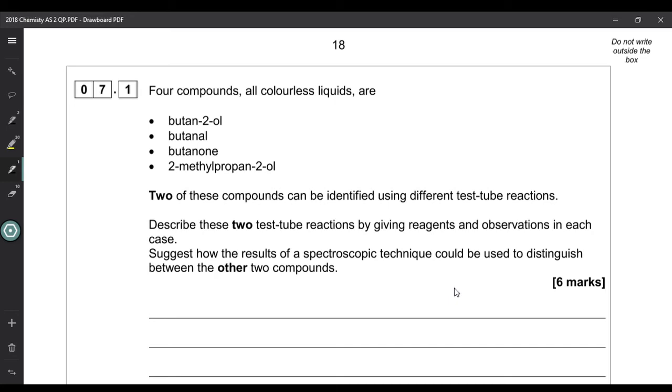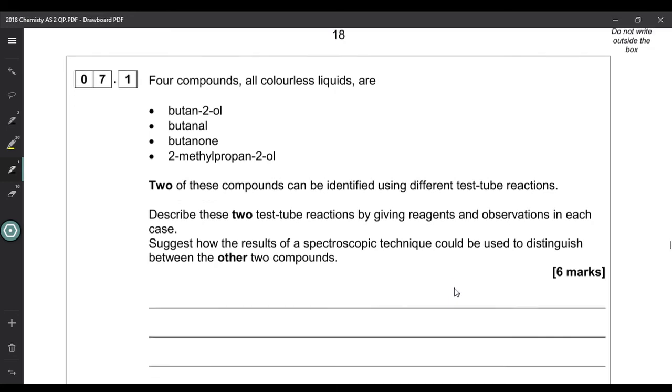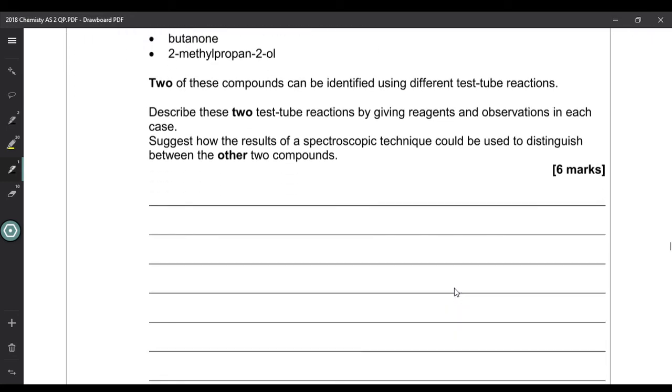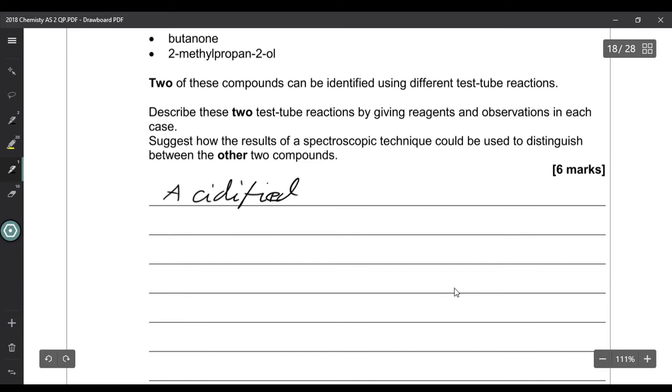And also a few successfully identified 2 compounds using the test tube reactions, but didn't explain how the spectroscopic techniques could be used. So the way to approach this is we would use, for example, acidified potassium dichromate, and in turn add each of the 4 solutions.